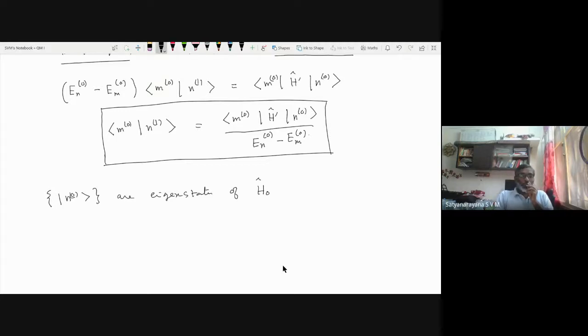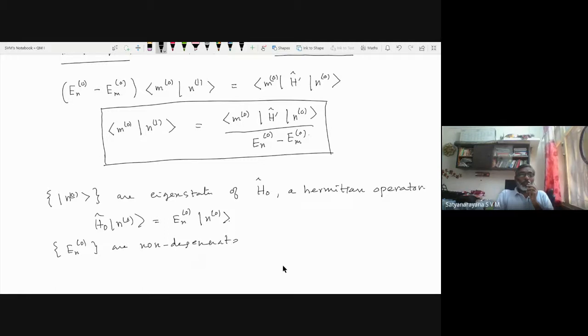H0 is a Hermitian operator, such that H0 N0 is equal to En0 N0. And En0 are non-degenerate.